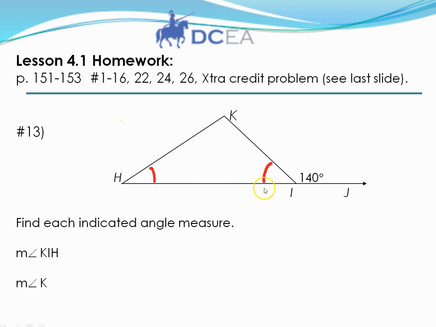So if KIH is 40, then KHI is 40, and now we can solve for angle K by subtracting 40 and 40 from 180. So 180 minus 80 would be 100 degrees, and angle K would equal 100 degrees.